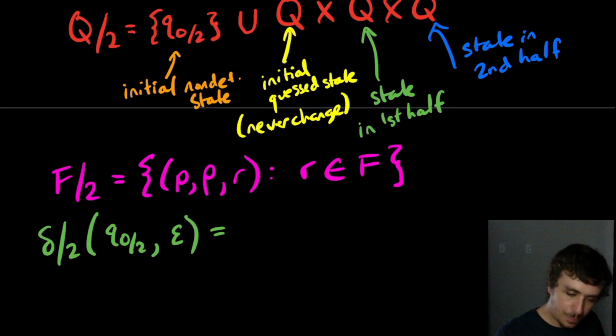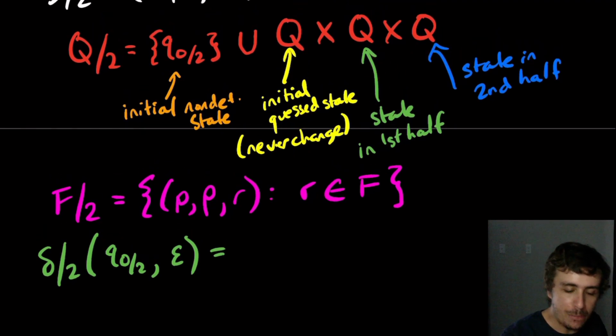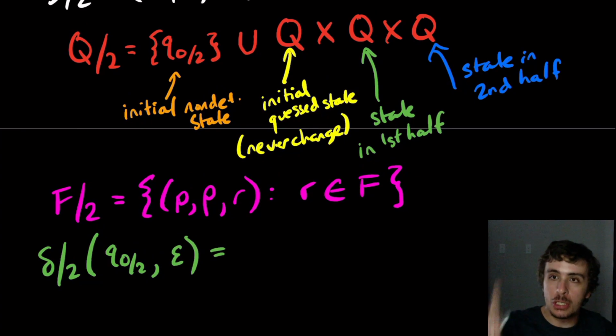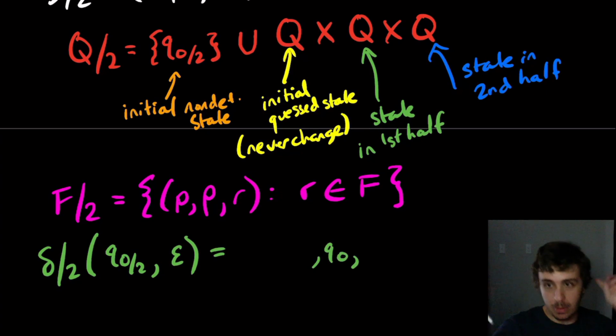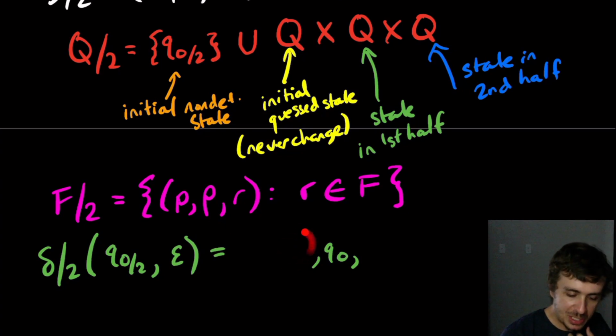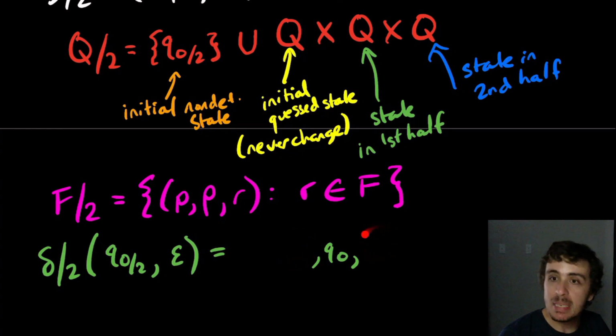Let's start with the first half. The first half must start at the initial start state from the original machine, so the middle coordinate here has to be Q0. This has got to be Q0, preceded and succeeded by something. Whatever state is right here has got to be the same as this one. So the first one, which is the guess state, has to be the initial starting point of the second half of the computation.